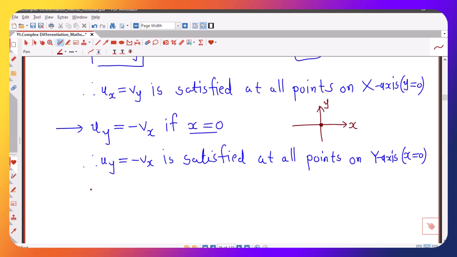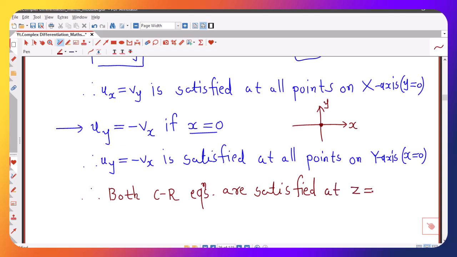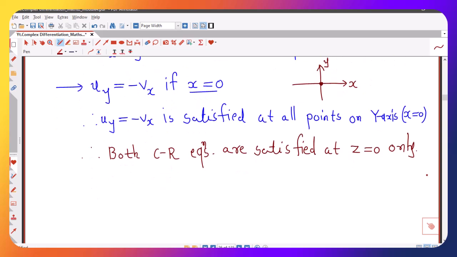Therefore, we can say that both Cauchy-Riemann equations are satisfied at the origin only, at z equal to 0 only.